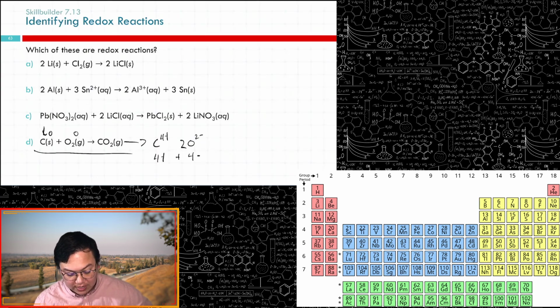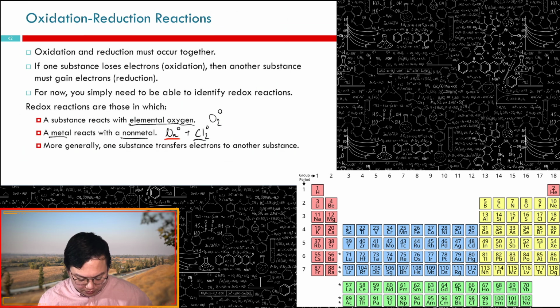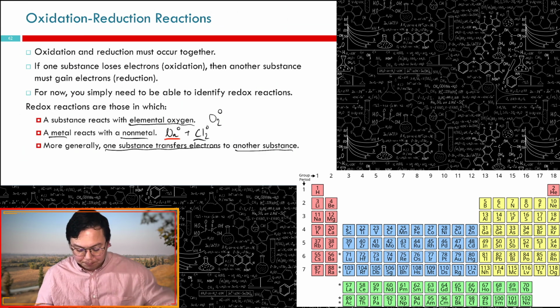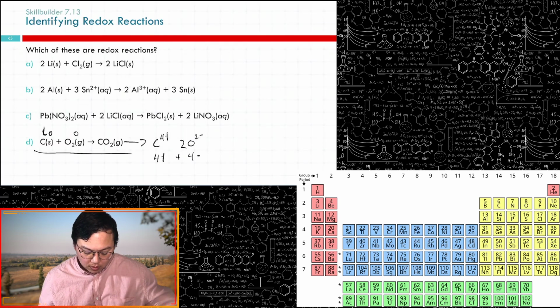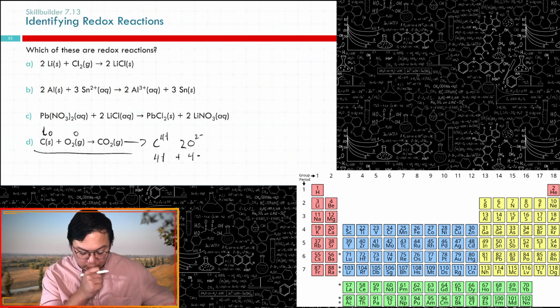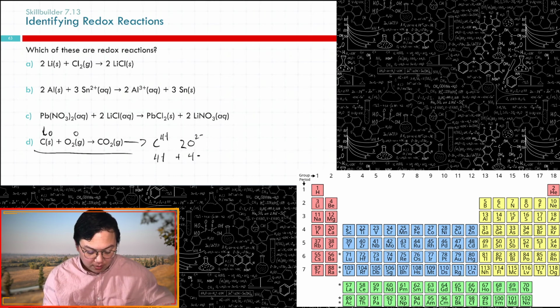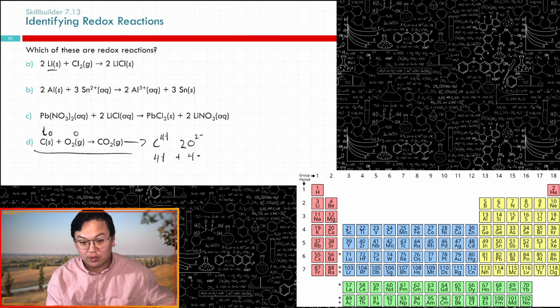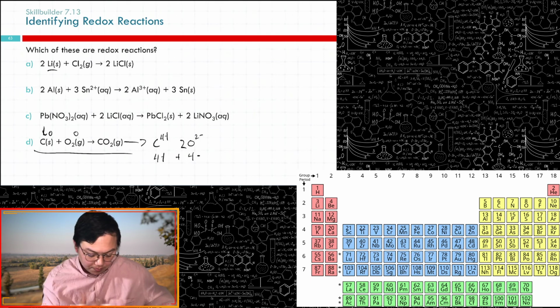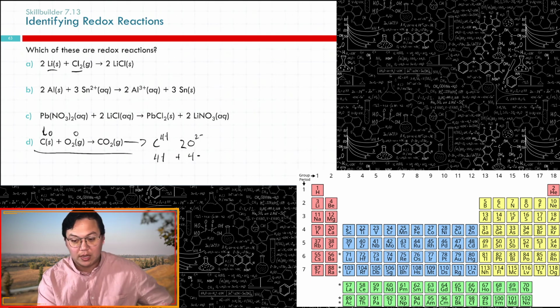Okay, so now looking at these. Oh, and just to restate, one substance transfers electrons to another substance. So which of these are redox reactions? For A, we have lithium, which is a metal in 1A, and we have chlorine, which is a nonmetal.